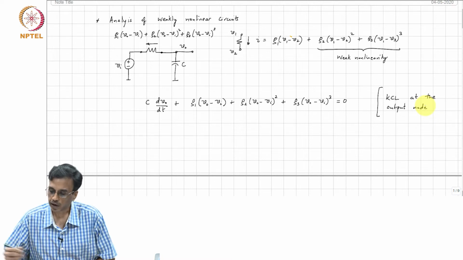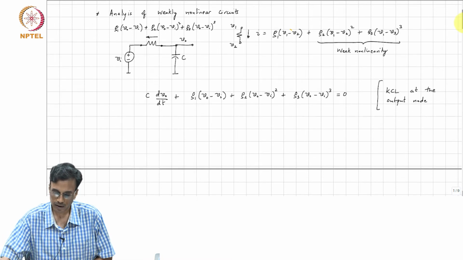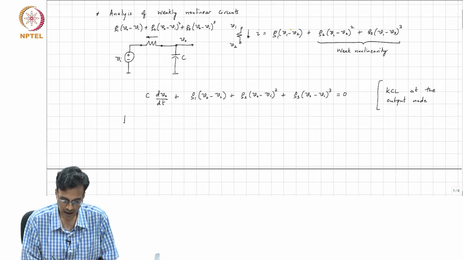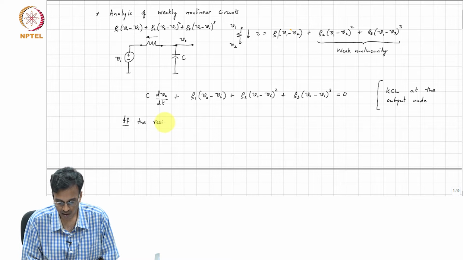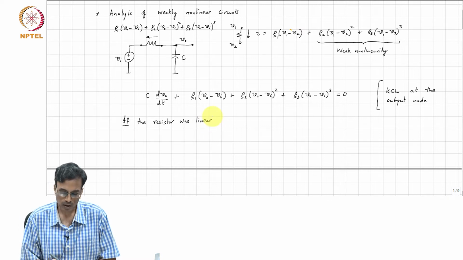One thing that I would like to point out is the following. If the resistor was perfectly linear, what would we have got?